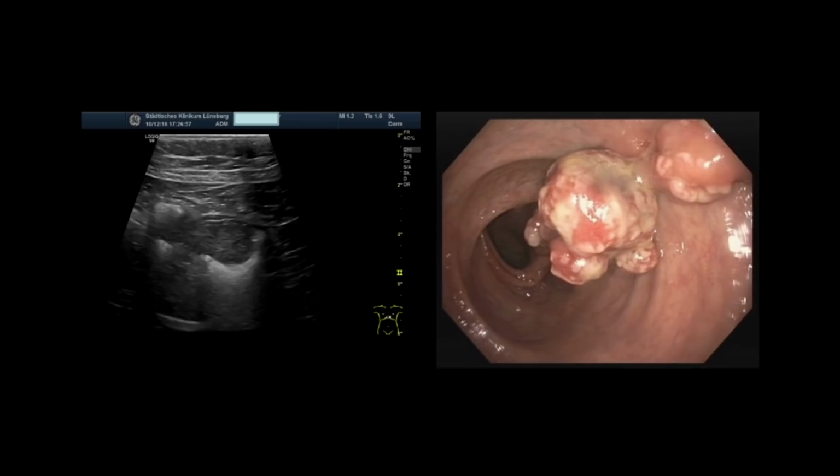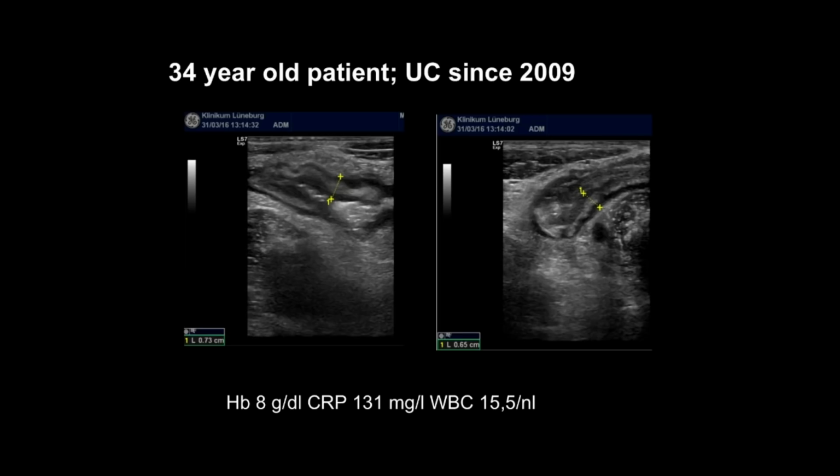So if you see thickened bowel, please always keep in mind that if that's a long-term ulcerative colitis, you might have lots of pseudopolyps. And last example, a 34-year-old patient with ulcerative colitis since 2009. The patient presented in 2016 with an HB of 8, CRP highly elevated. You can see that there is thickened bowel wall, so it could be a flare.